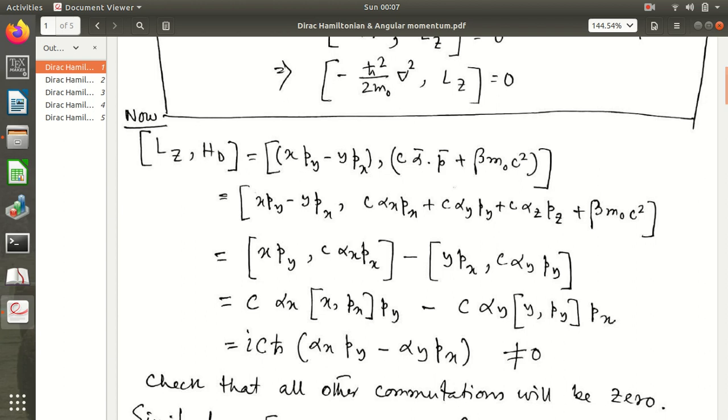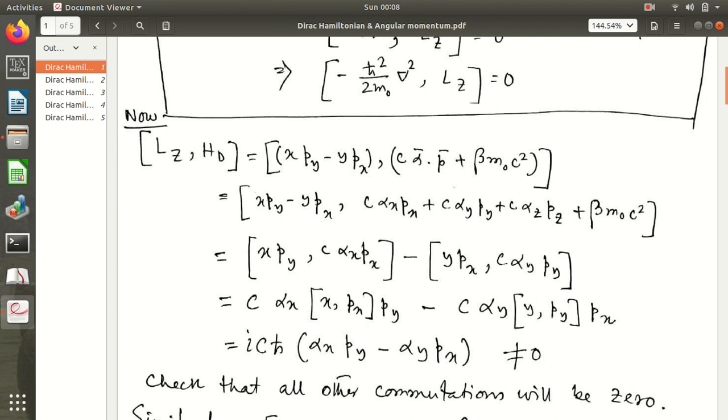Now we expand alpha dot p and do all the commutations, and you see that only two commutations survive: x py with c alpha x px, minus y px with c alpha y py. Note that x and px, their commutation is not zero from the uncertainty principle. Similarly, y and py, their commutation is not zero. All other commutations will be zero.